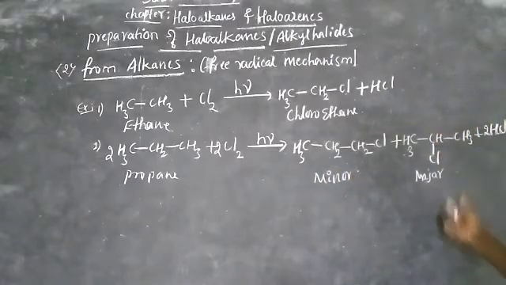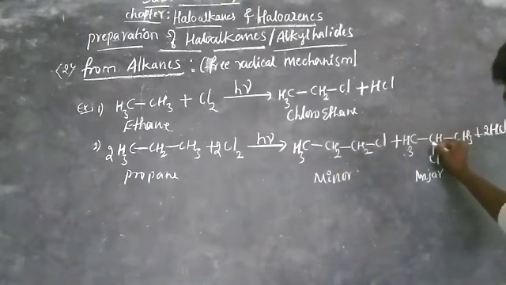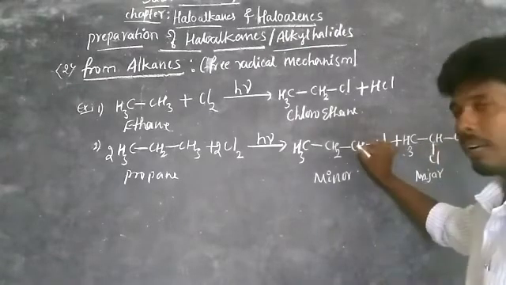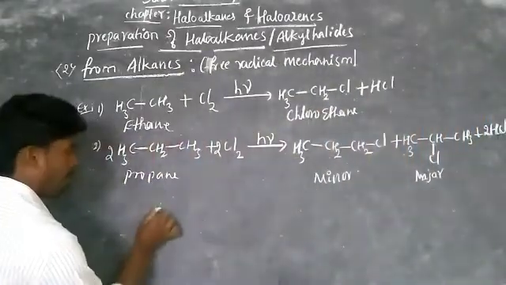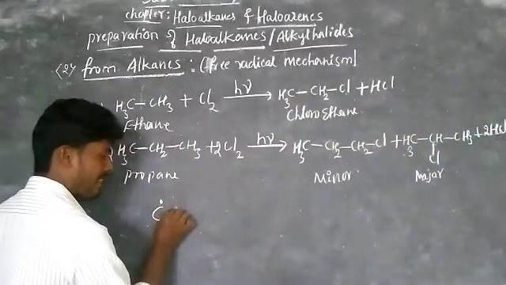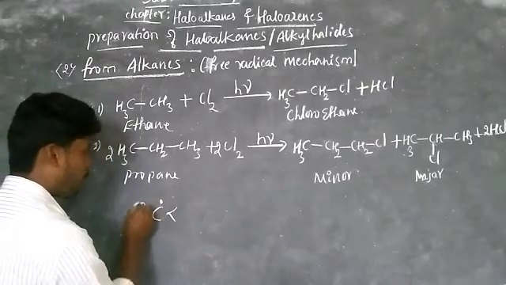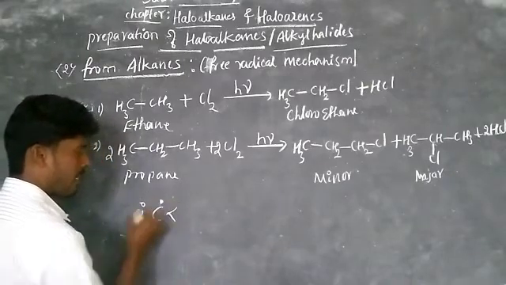Why is it the major compound? Because you get a secondary free radical here before substituting chlorine. Here you get a primary free radical. A primary carbon free radical is less stable. This is a primary carbon free radical. This dot indicates a free radical.